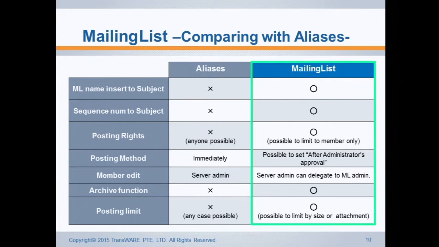Furthermore, when you change the members' addresses registered on the list, in the case of aliases, the right to change is provided only to the system administrator. While in the mailing list, an end user who is delegated the rights as the mailing list owner can edit the list. Accordingly, MailSuite is made for smoother communication.